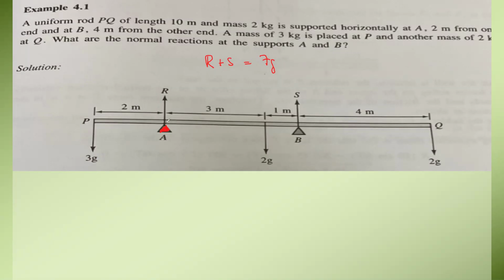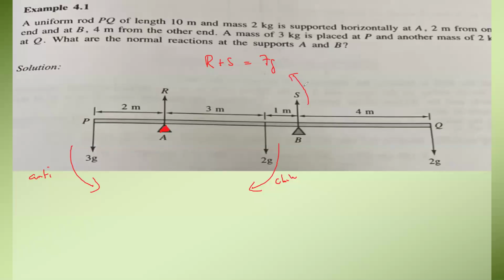Now I consider A as a pivot. Which direction will each force cause a turning effect, clockwise or anti-clockwise? The force of 3G causes an anti-clockwise turning effect. The force of 2G will cause a clockwise turning effect.